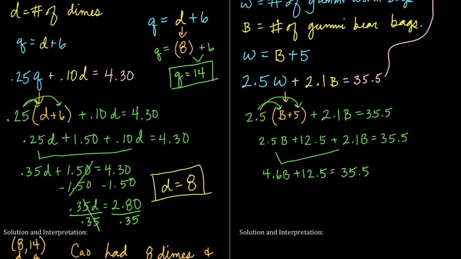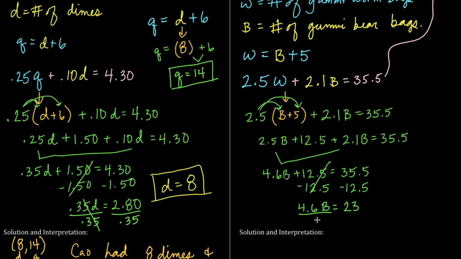Subtract 12.5 from both sides. I get 4.6 B equals 35.5 minus 12.5, so 35.5 minus 12 minus 10 is 25.5, minus 2 is 23.5, and then that's 23.